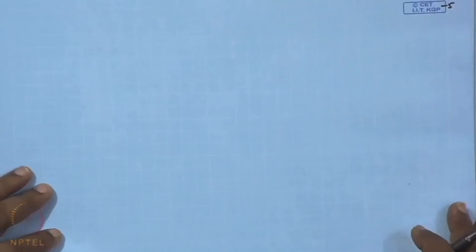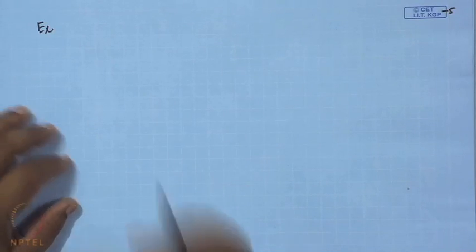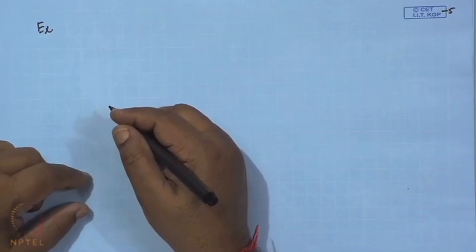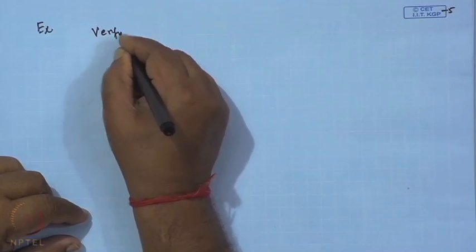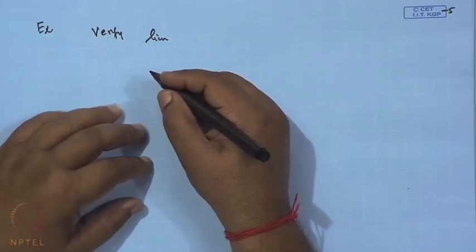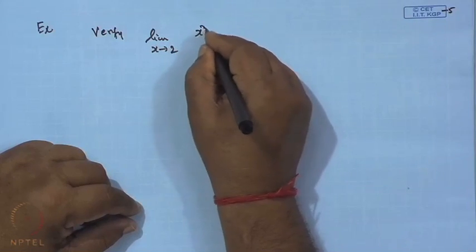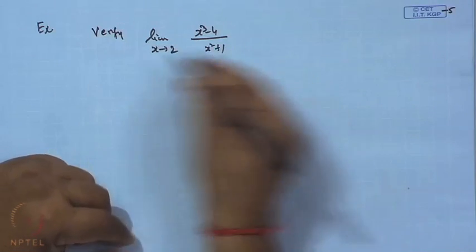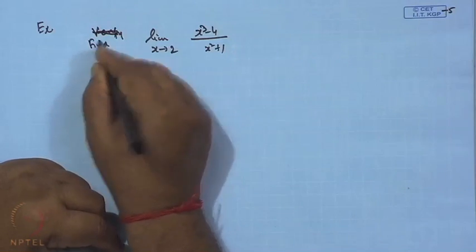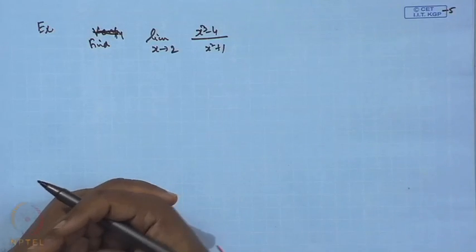Now, let us see a few examples based on these previous results. Suppose we want to find the limit as x tends to 2 of (x cube minus 4) over (x square plus 1). It is not asked to use the epsilon-delta definition.